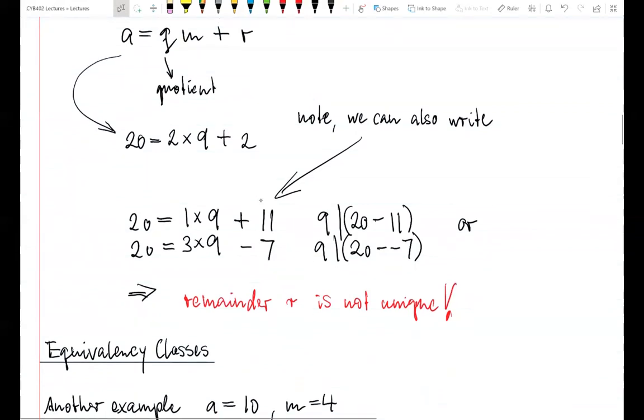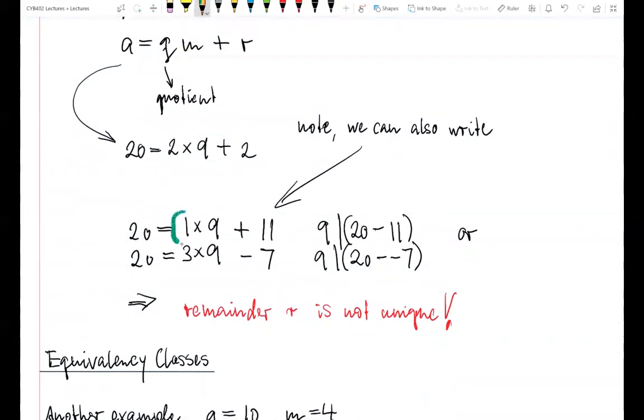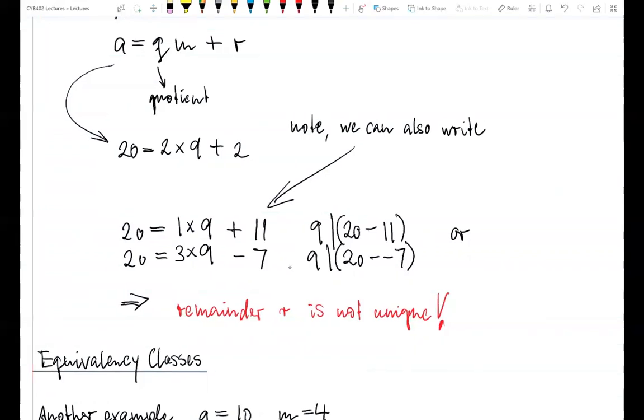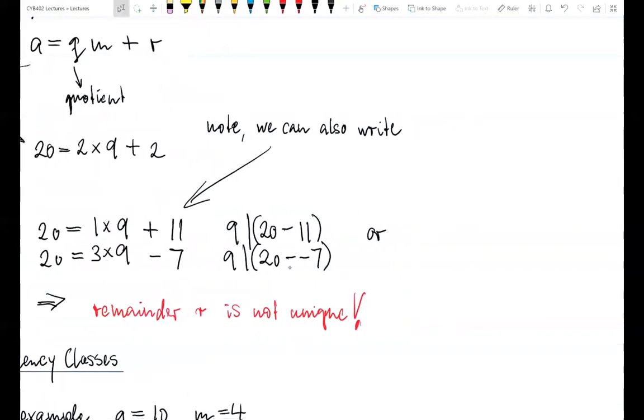So for instance, we could choose a quotient of 1, in which case the remainder is 11. Or we could choose a quotient of 3, which in this case makes the remainder -7. So why are these still valid congruence relationships?